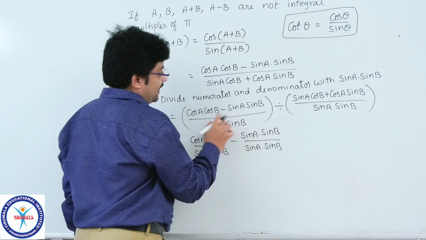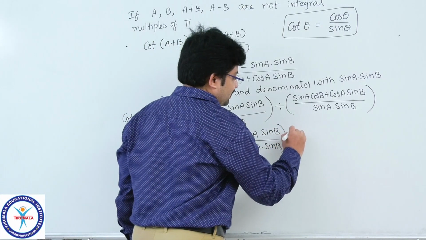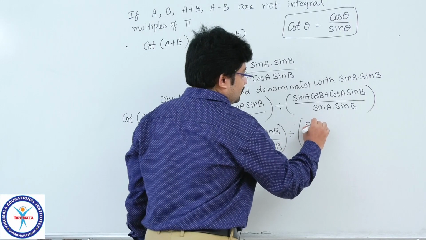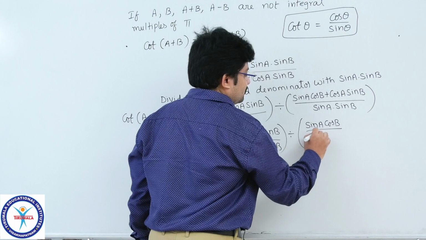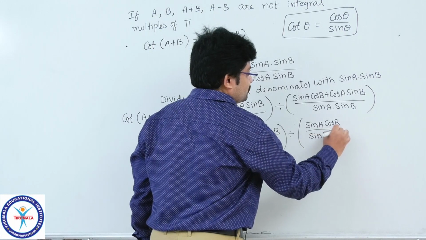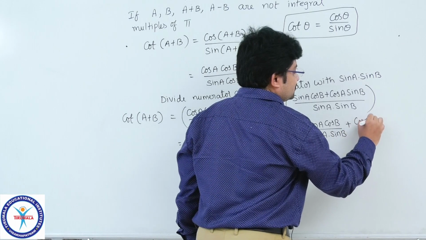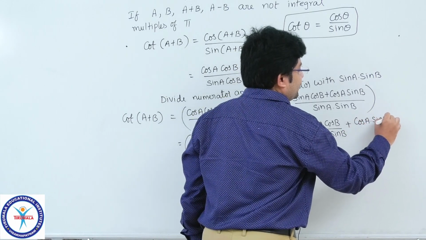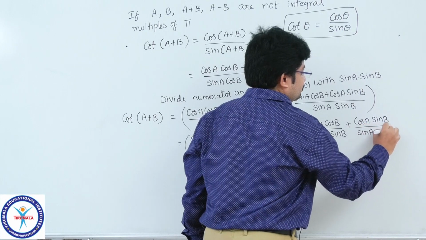That means we are doing the partial fractions here for both the numerator and the denominator, divided by sin a cos b by sin a sin b plus cos a sin b by sin a sin b.